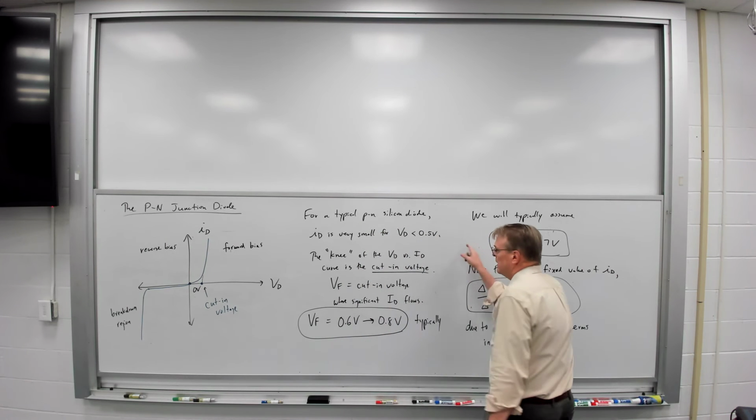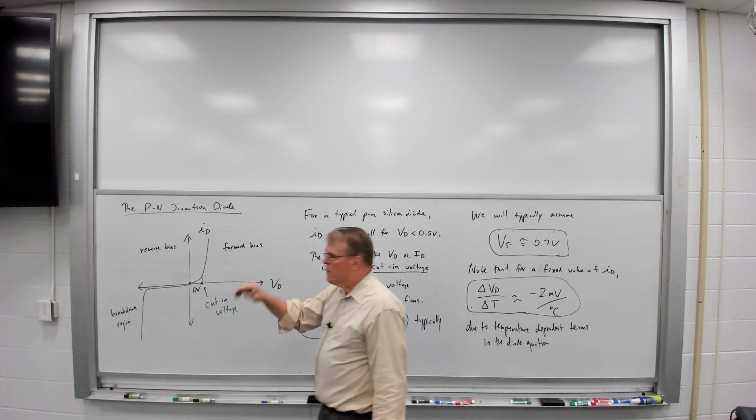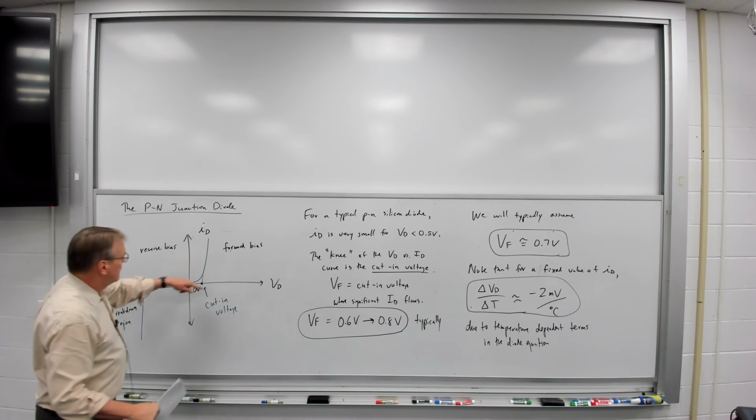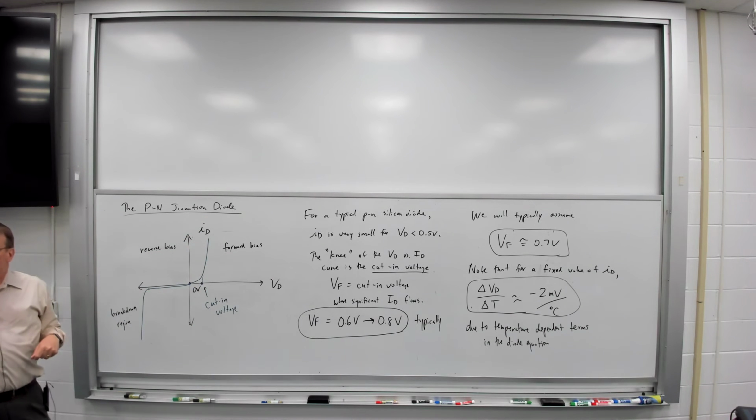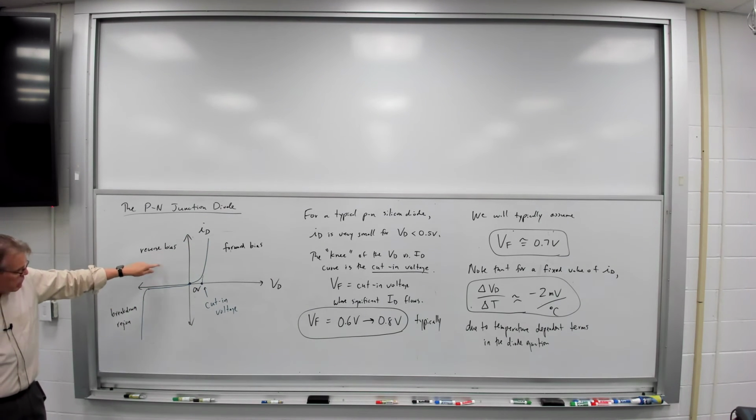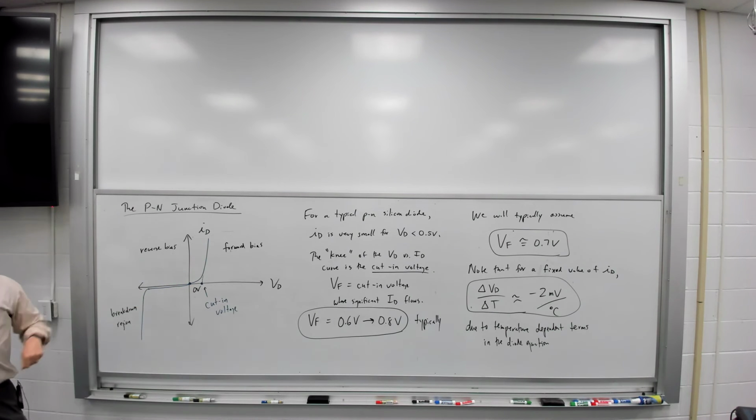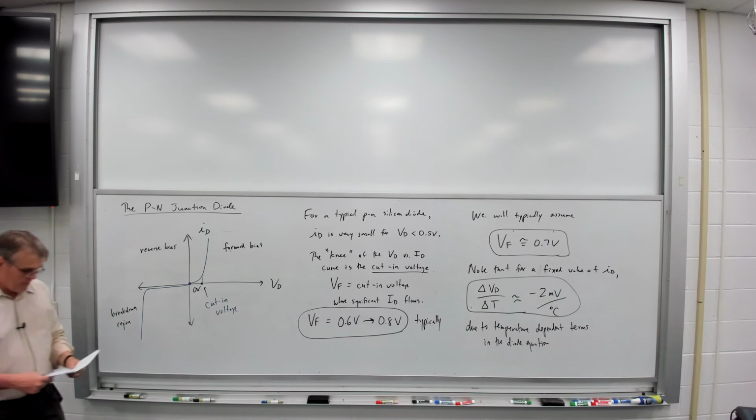Okay, so this kind of covers forward bias. Exponential. Now let's consider reverse bias. If VD is less than 0.